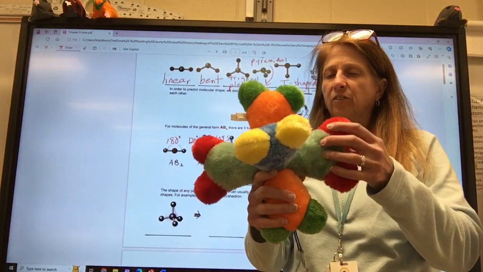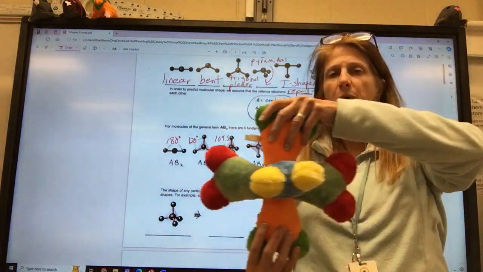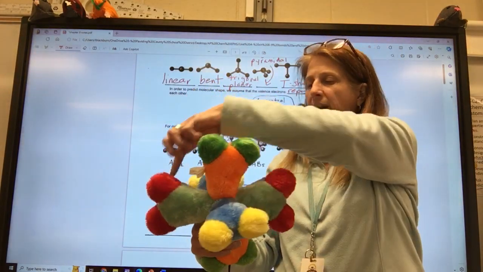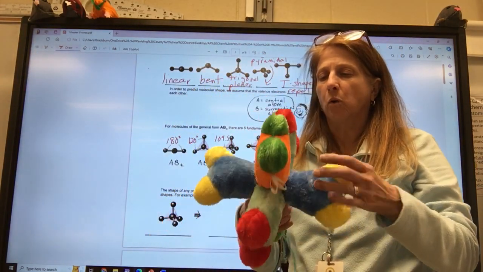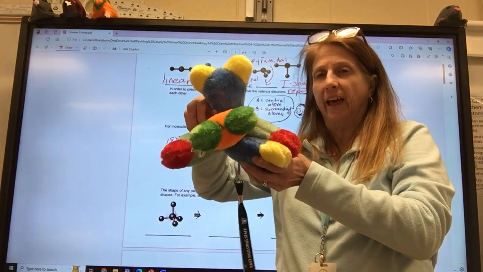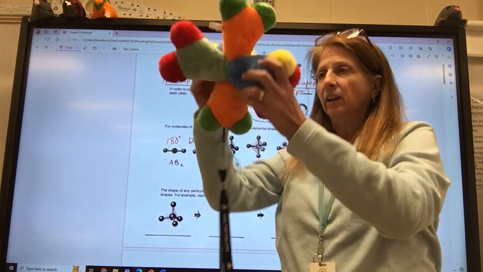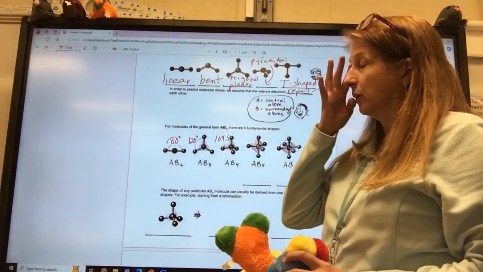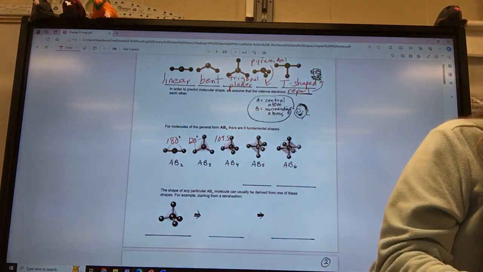Okay, so this is my dog toy, and this is how some of them go. Notice the orange one goes up and down, and then on this one, 3 come out around. Mine has 4, so just imagine that instead it's 3. So that is the shape: one going up, one going down, and one in a little triangle going around it.